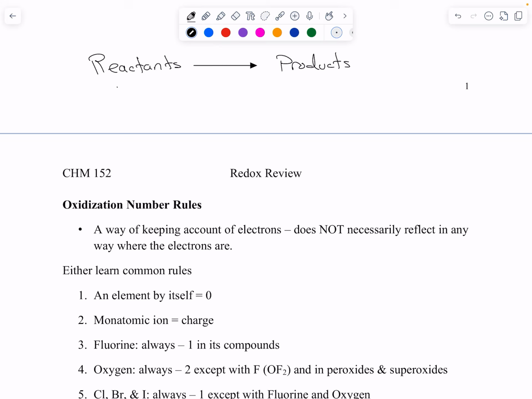But remember, all a chemical reaction is a rearrangement of atoms and a redistribution of your electrons. All right, so we're redistributing electrons. So first, our little redox review from Chem 1 about how we count electrons, right?